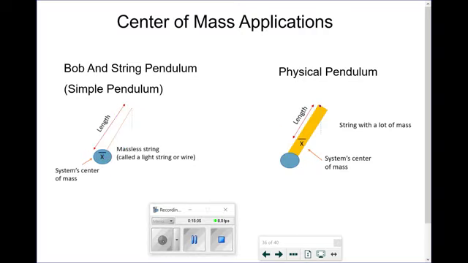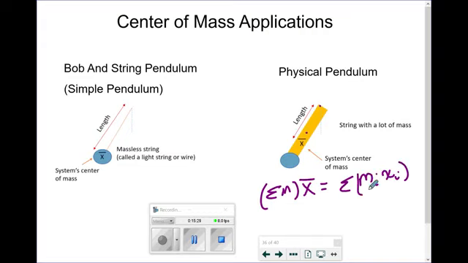Now remember, for a rod, the center of mass of the rod itself is in its very center. And then we would have to use our center of mass equation, where we have the total mass of the system times the center of mass of the system equal to the summation of each individual object times its distance from your origin.